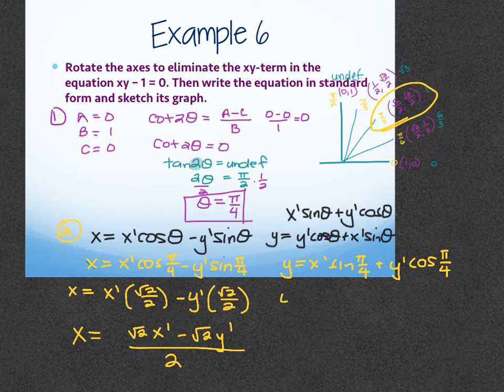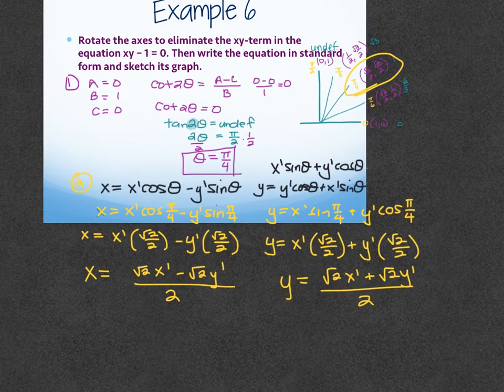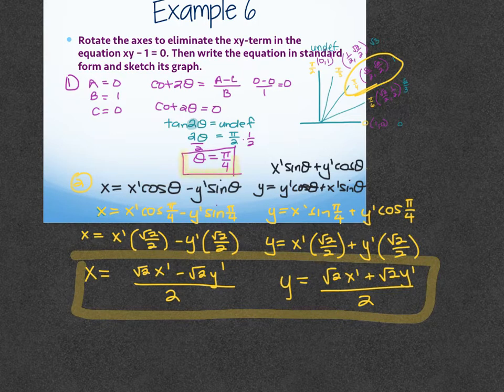Y equals x prime times root 2 over 2 plus y prime times root 2 over 2, or root 2 x prime plus root 2 y prime all over 2. That's second checkpoint. So first is theta, second is x and y. With me so far?